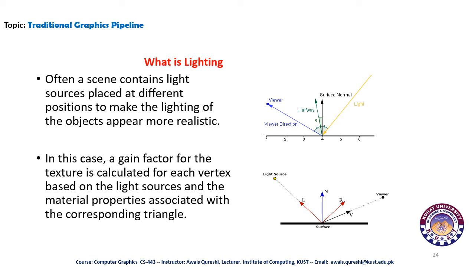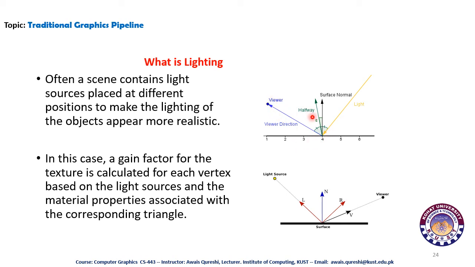What is lighting? Lighting is a very important concept in computer graphics. Often a scene contains light sources placed at different positions to make the lighting of the object appear more realistic. Here you can see that when the light is thrown on some surface, it is either reflected or refracted.